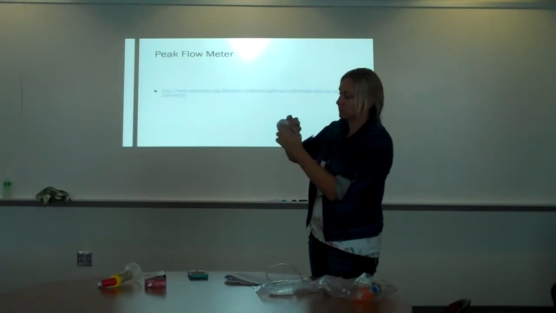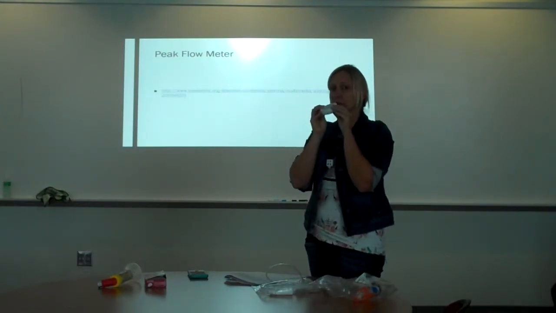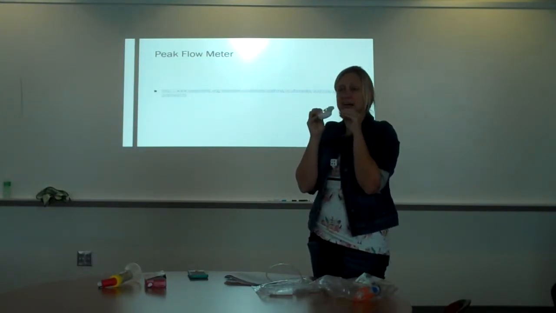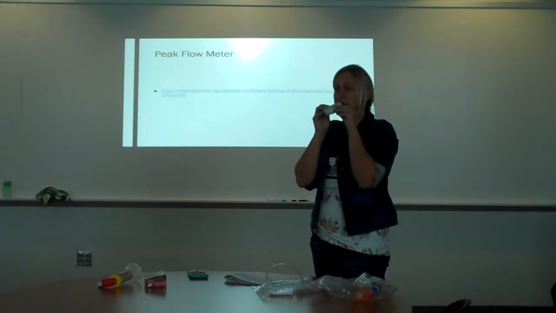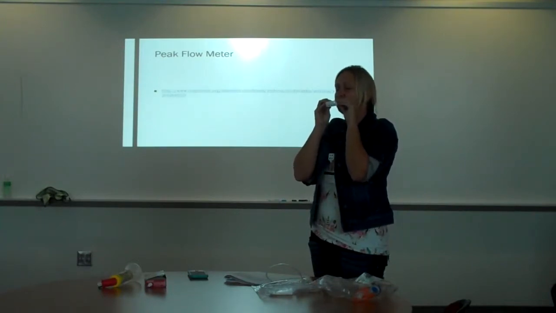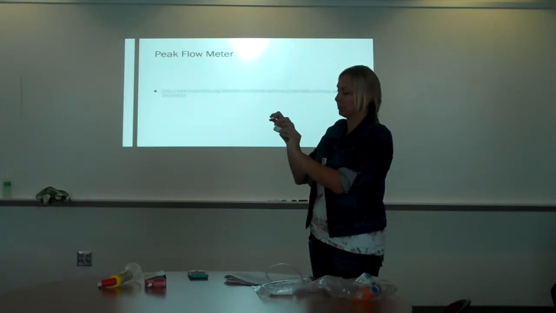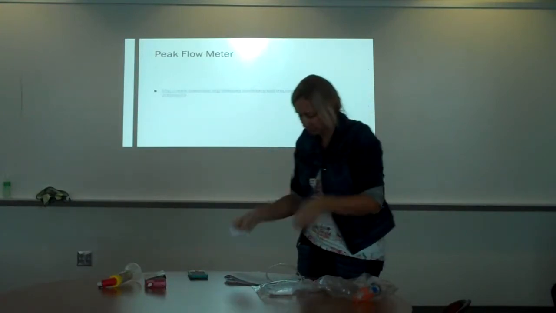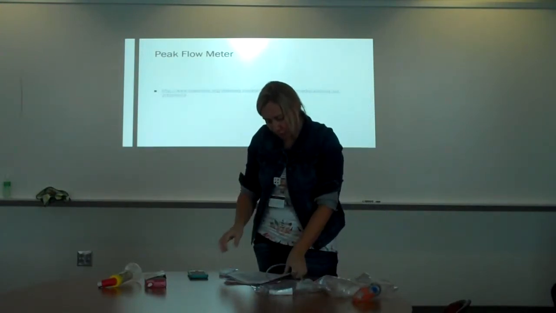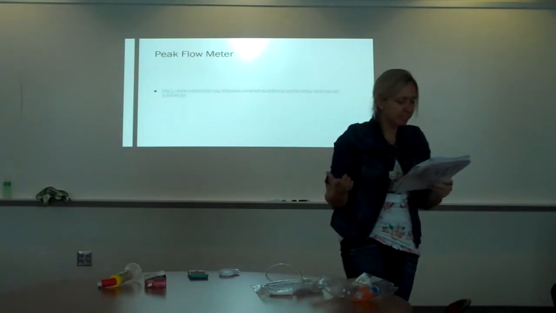But if they zero the number here, they put their mouth all the way around it, and then it's how much air they can exhale quickly. So I take a deep breath, put my mouth around it, and then wherever that number goes, that's my peak flow meter. Blow it out hard and as quickly as possible.